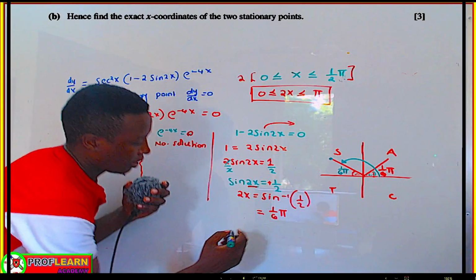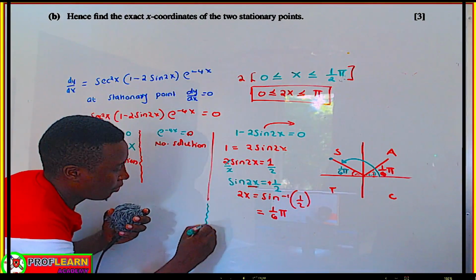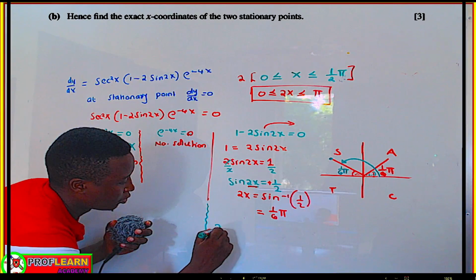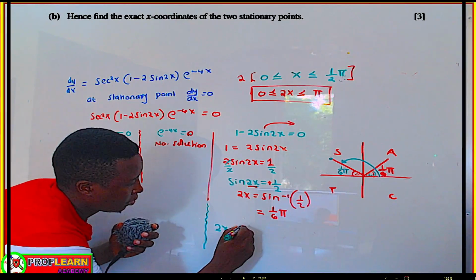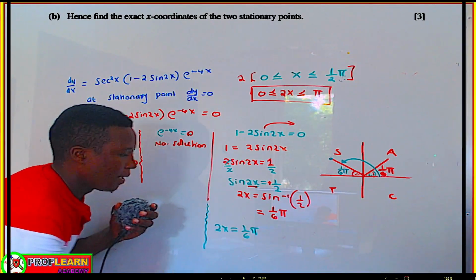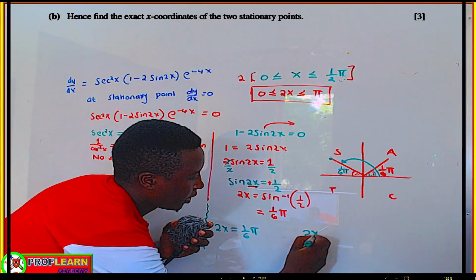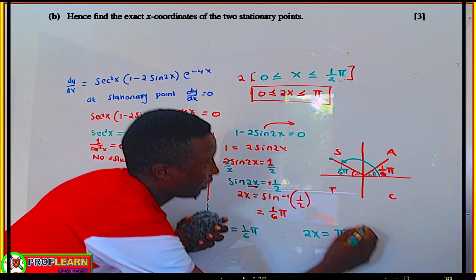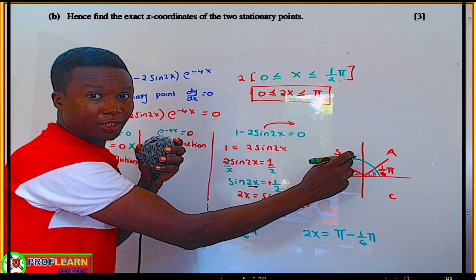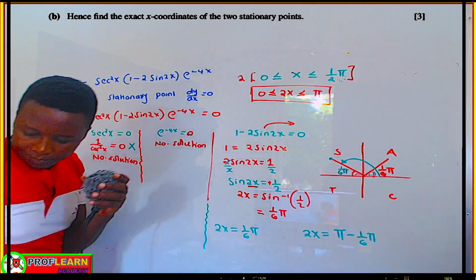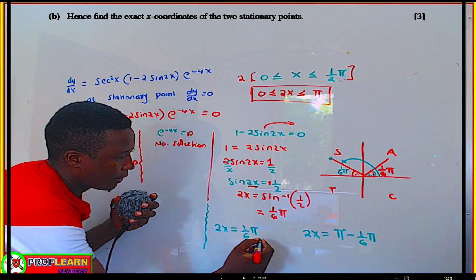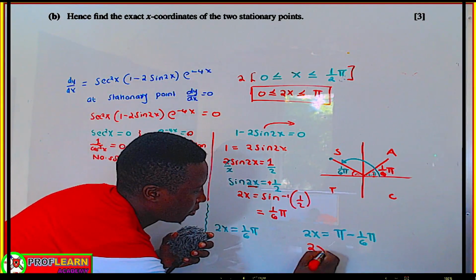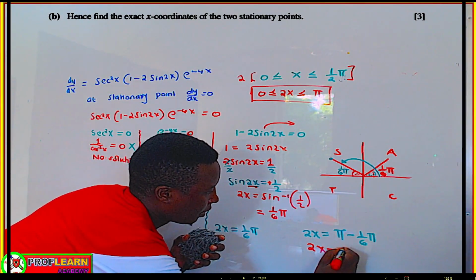So we have said that our first angle is 2x equals 1 over 6 pi, and the second angle would be 2x is equal to pi minus 1 over 6 pi, which gives 2x is equal to 5 over 6 pi.